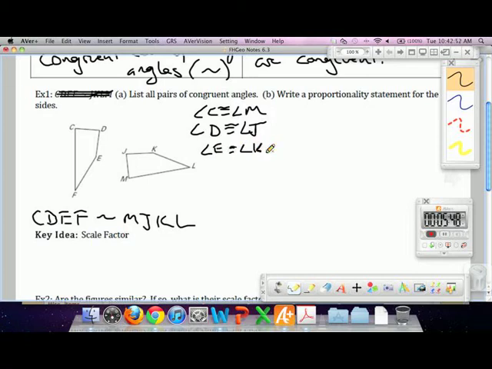And Kate, what was the other one? Angle F is congruent to angle L. These figures have the same corresponding angle measures.